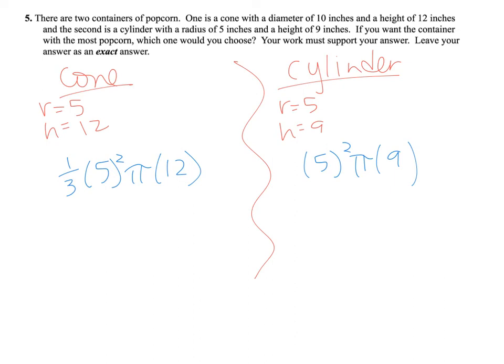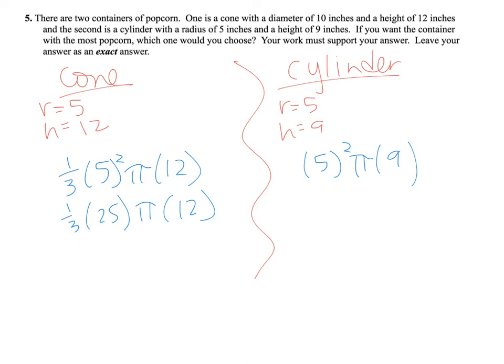So first thing you're going to do is 1/3 times 25 times pi times 12. Well, 25 times 12 is 300 times pi divided by 3, and we end up with 3, it says exact answer. So I'm going to erase that.